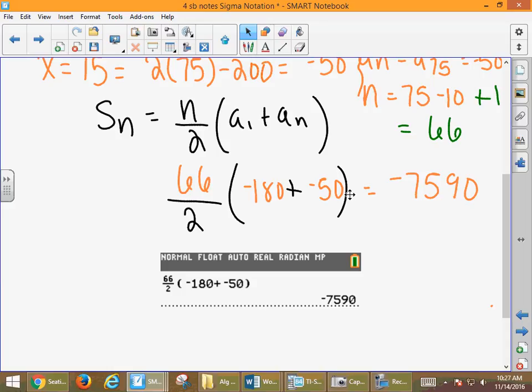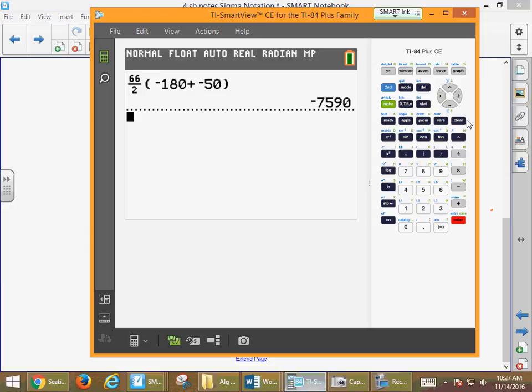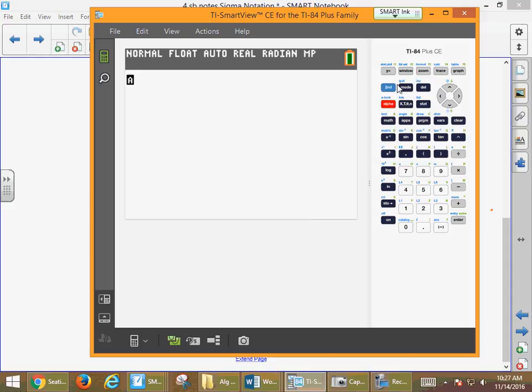But if you do have the traditional TI-84 calculator, what we have to do is type in alpha window. So here's alpha window. And if the board's not disoriented, it will work, but alpha window.